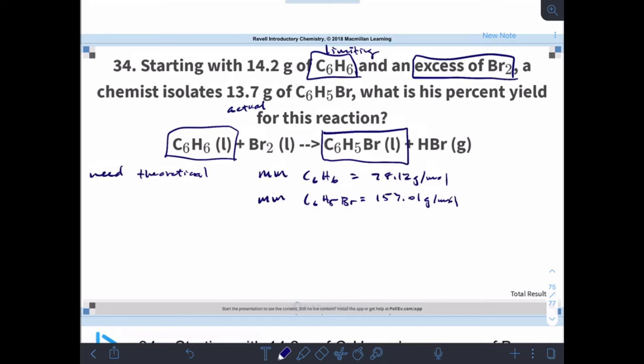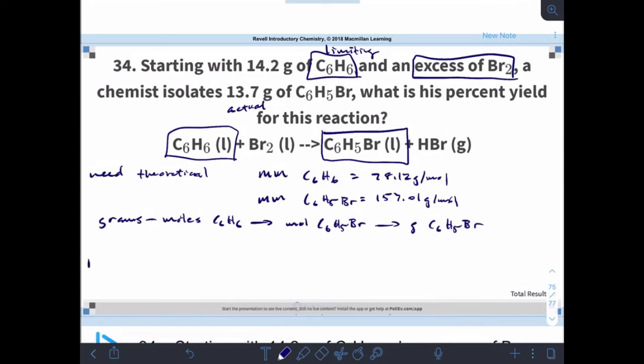So grams to moles C6H6, then to moles C6H5Br, then to grams of C6H5Br. I need that grams of C6H5Br in order to calculate the percent yield.